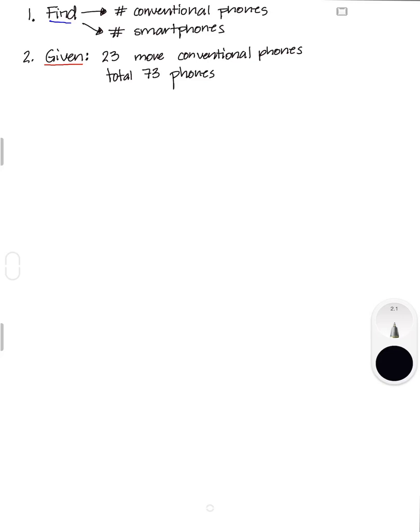To work with applications, there are two things that we need to identify first, all the time. Number one, figure out what the problem is asking us to find. In this case, it is asking us to find the number of conventional phones and the number of smartphones.